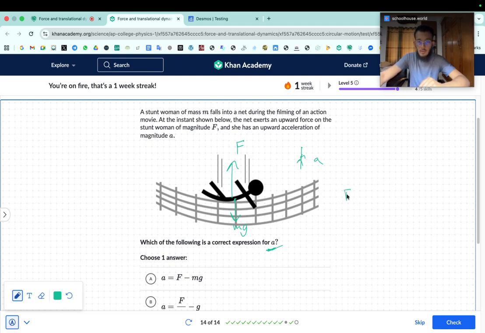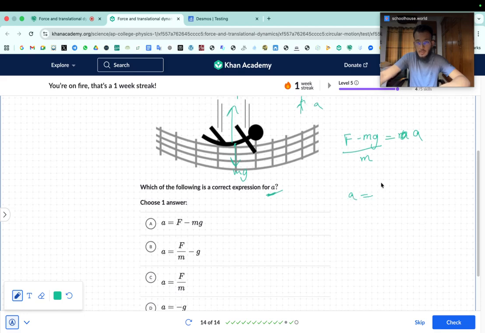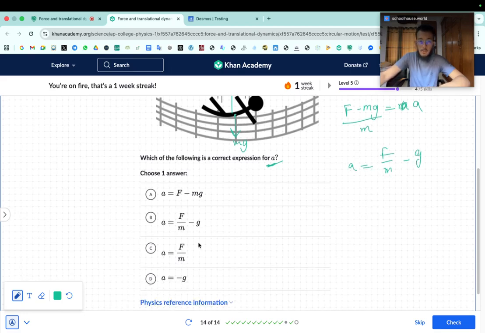F equals ma, so F minus mg equals ma, because we have an upward acceleration, so F must be greater. And so for a, we have to divide by m, so a equals F by m minus g. So as you can see, B is our answer.